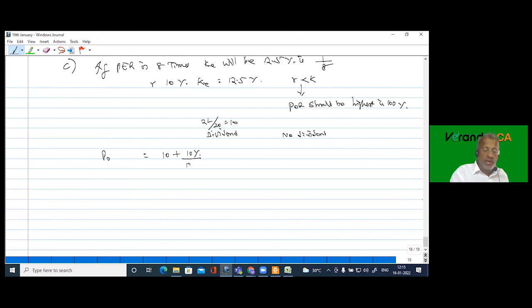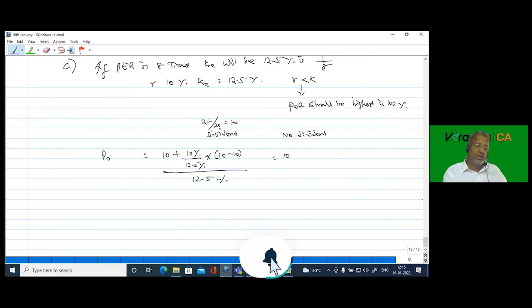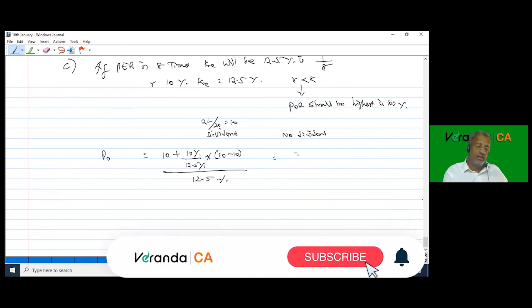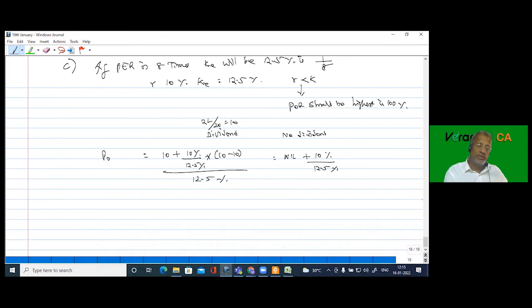10 plus 10% divided by 12.5% into 10 minus 10, the whole divided by 12.5%, is equal to rupees 80. When no dividend is declared, nil plus 10% divided by 12.5% into 10 minus nil, the whole divided by 12.5%.